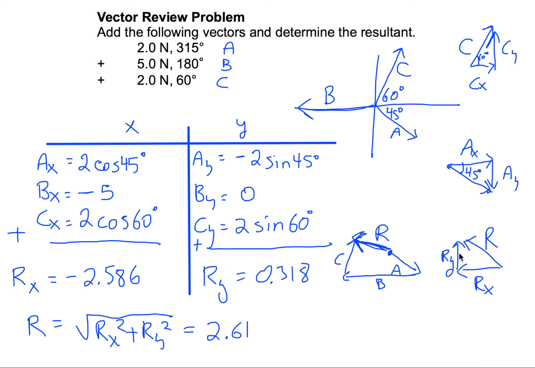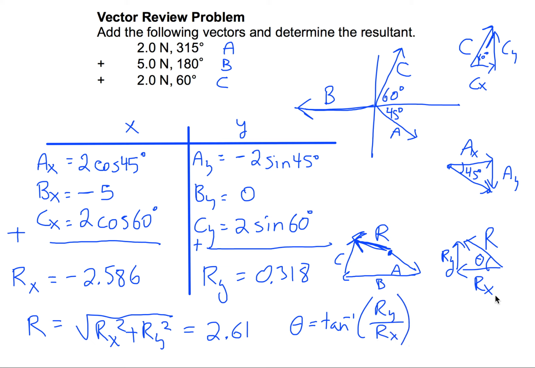So the way I like to figure out the angle is to say, okay, let me figure out this angle theta. I always like to find the angle that is touching either the positive or the negative x-axis. And if I'm finding this angle that's touching the x-axis, then I can always use the inverse tan of the y component over the x component.